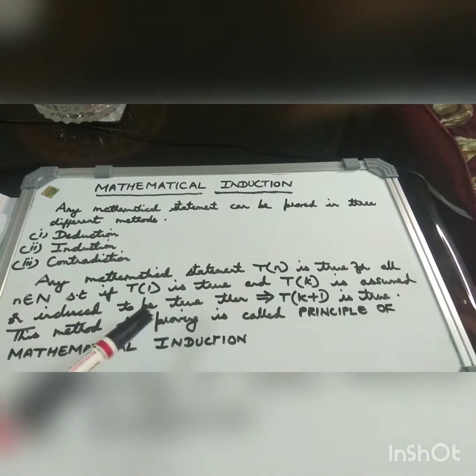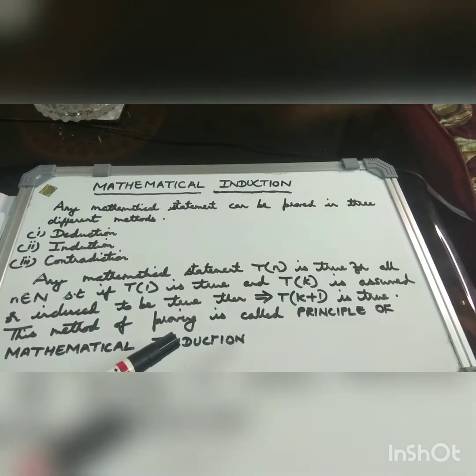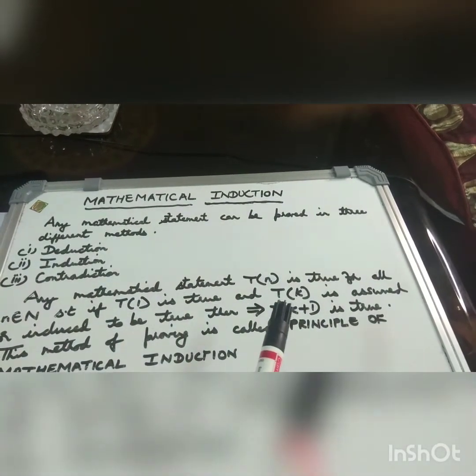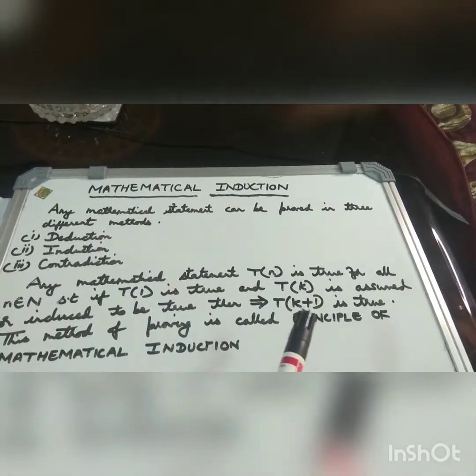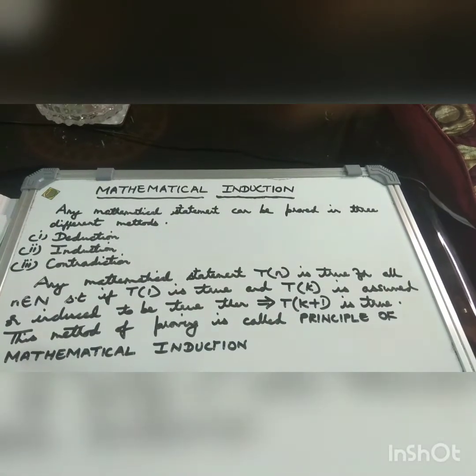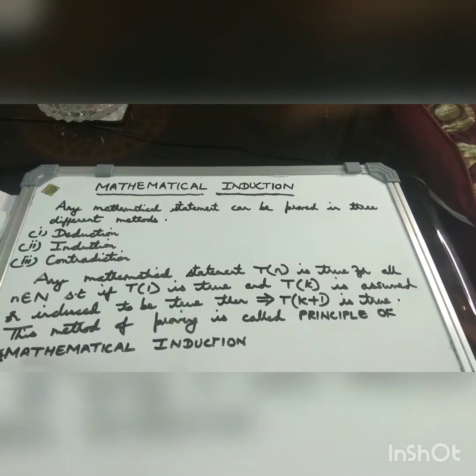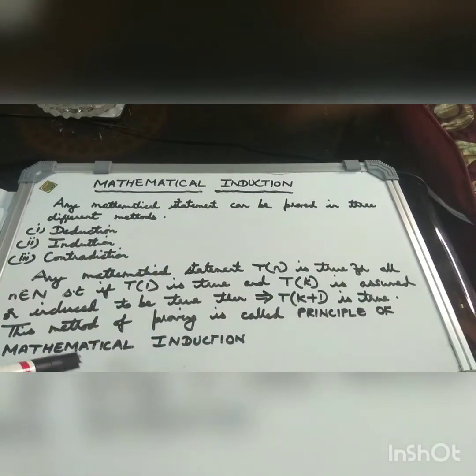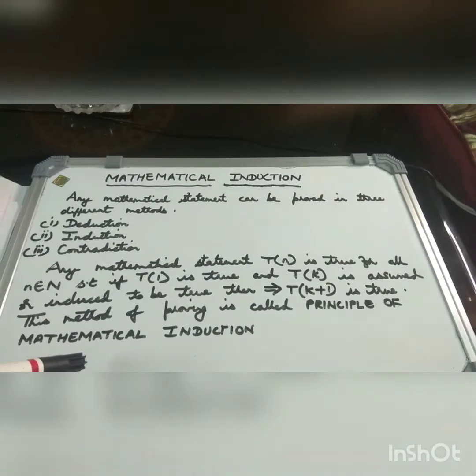And then comes the third step, the proving step, where we make use of T1 and Tk to prove that T of k plus 1 is true. Hence, we say that the statement is true by the method of induction, true for all n in N, that is, the set of natural numbers.